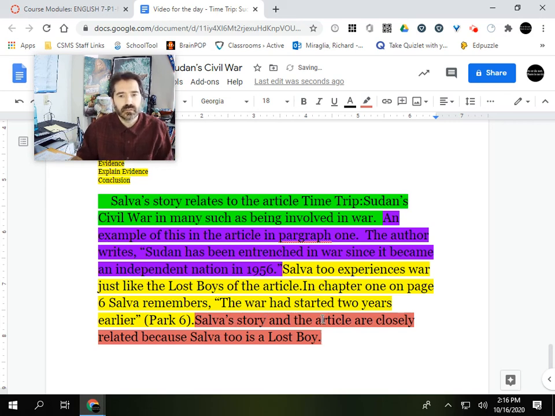And there you have it. I have two different pieces, two details, one from the article, one from the novel. I have a claim, I have my evidence, and I have my conclusion.